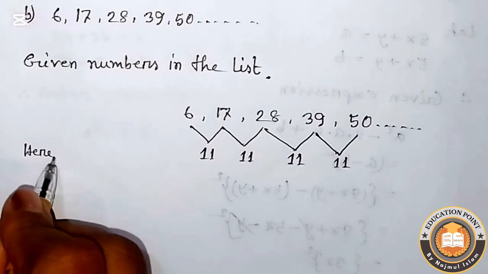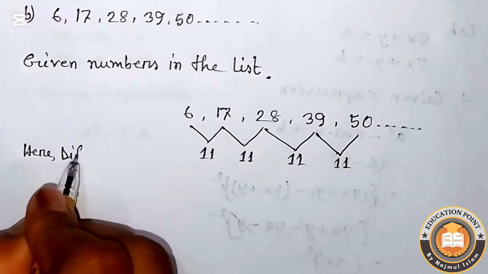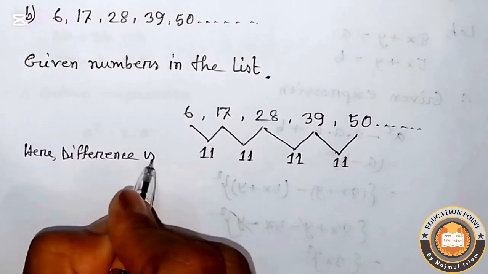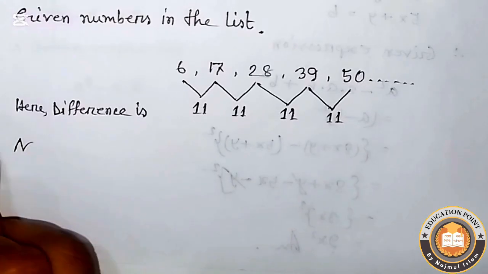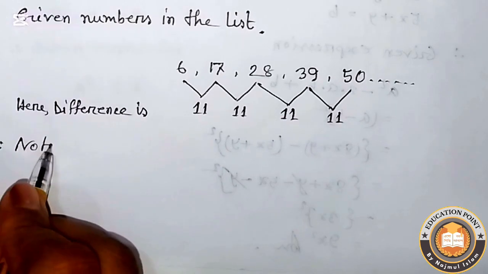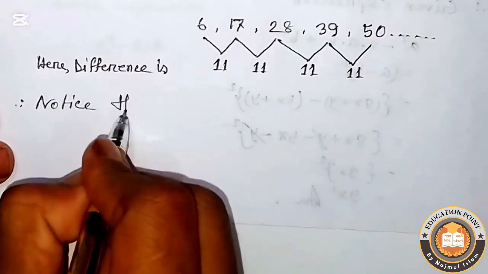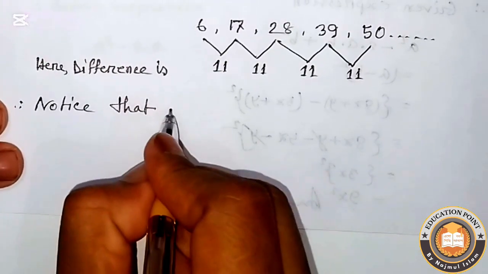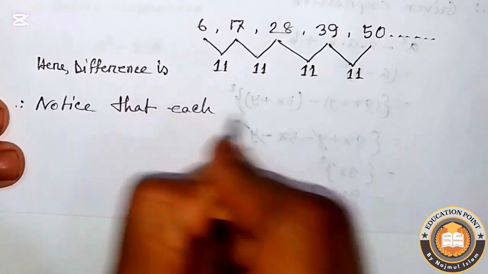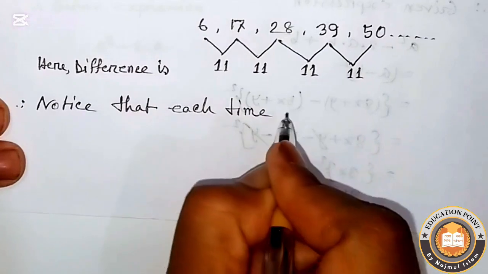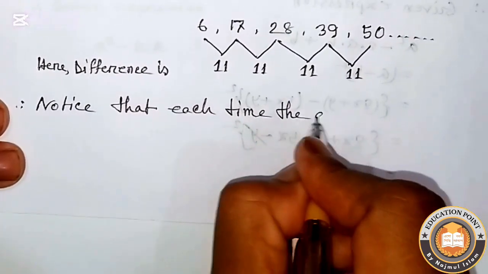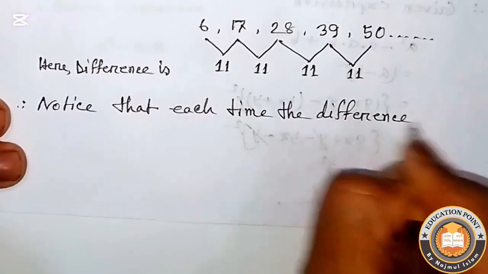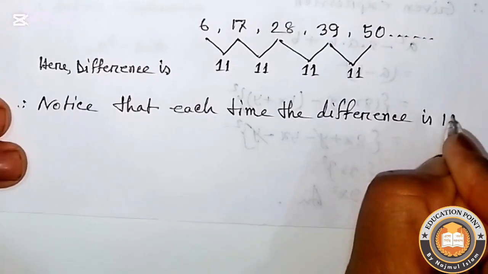Here the difference is, what is that? Each time the difference is 11.